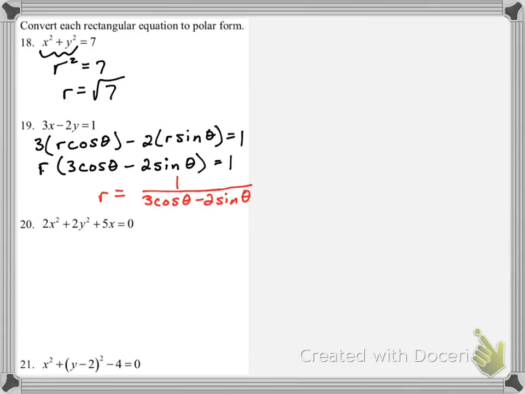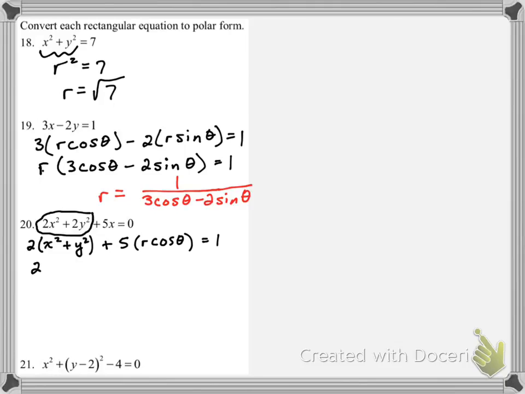All right, so the next problem here, we can look at this because we know x squared plus y squared is r squared. So I can think of this as 2 times x squared plus y squared plus 5 times x, and we know x is equal to r cosine theta.